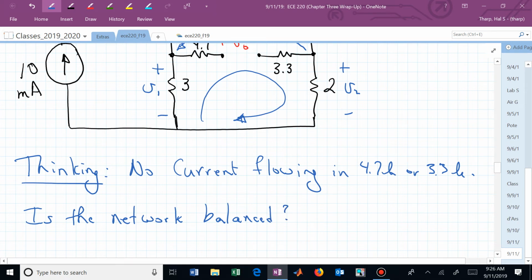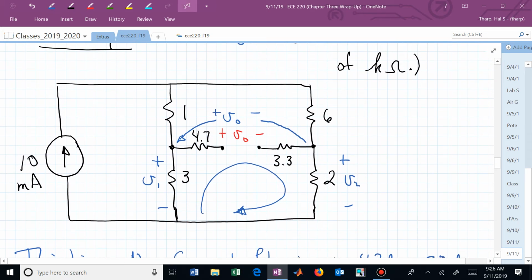Is the network balanced? And do you remember how we determined if our network was balanced? Here's sort of this R5 that we were thinking about, and we needed for this product to be the same as that product, diagonally across the bridge.